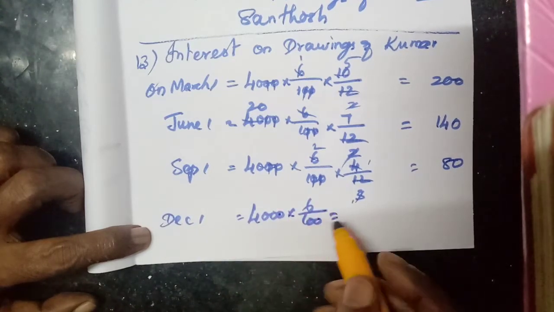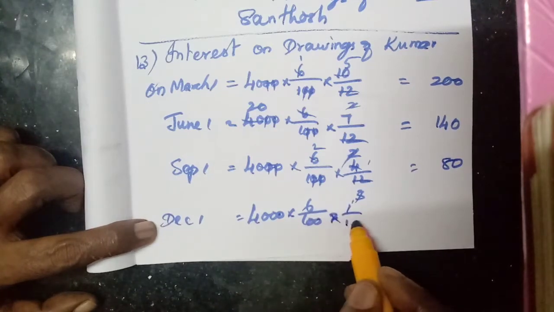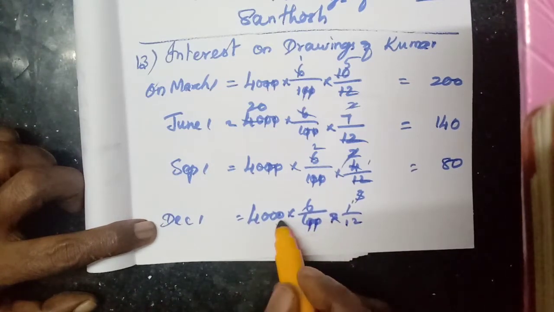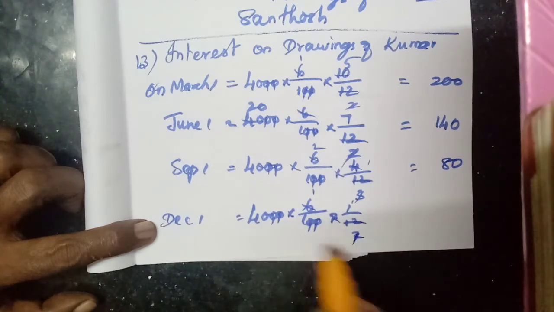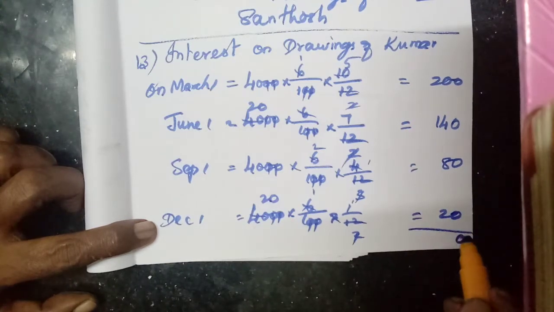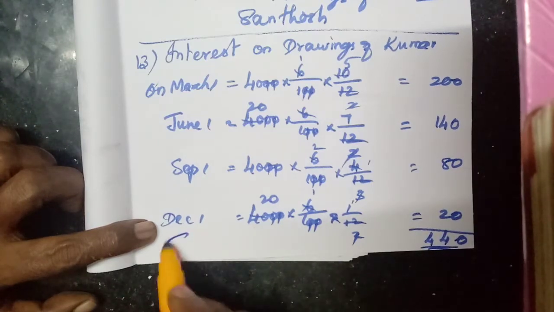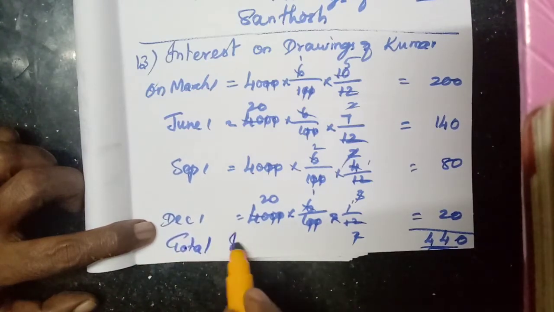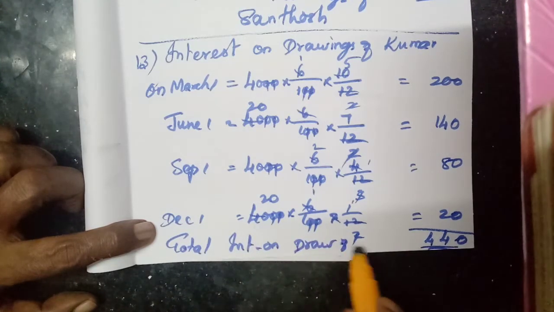Very easy, but you have to do carefully. December only 1 month. 6, 1, here 2. Then 2, so 20. Add 10, 14, balance 1, 3 plus 1, 4. 440. Okay, total interest on drawings of Kumar.